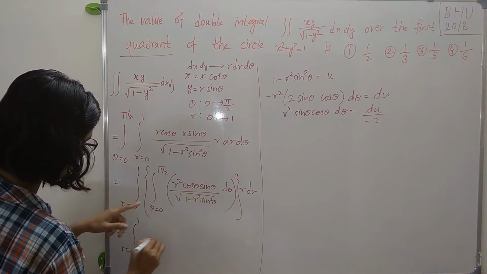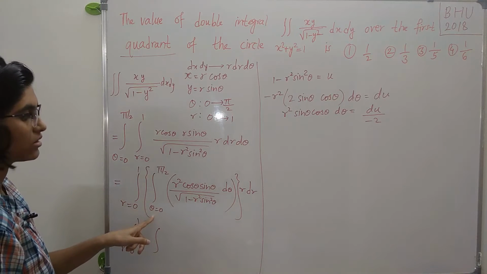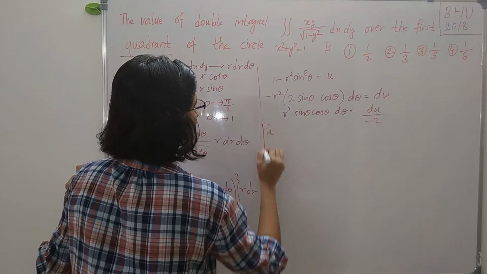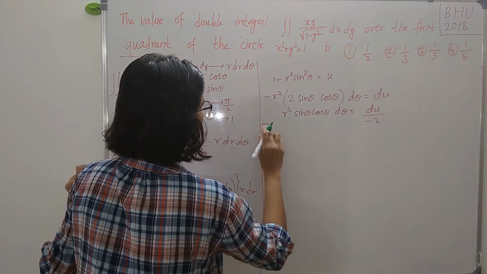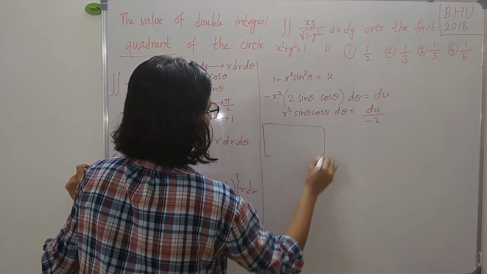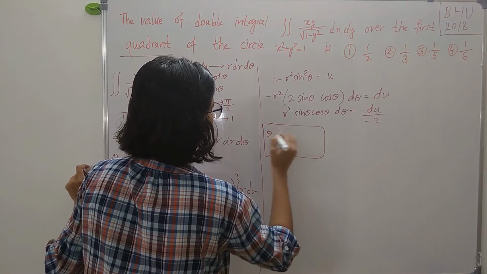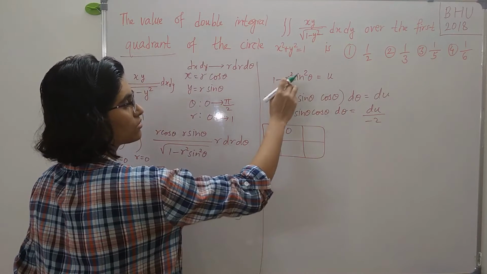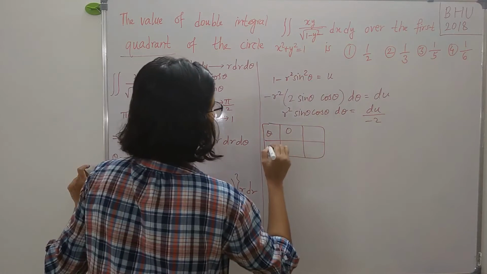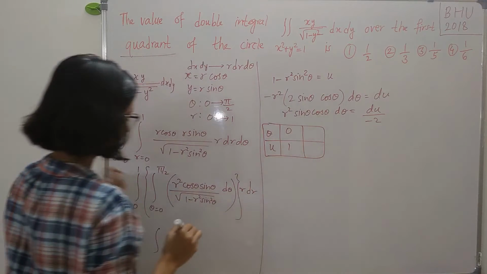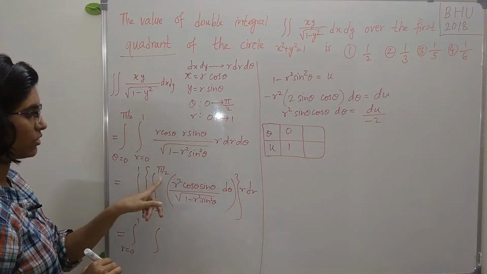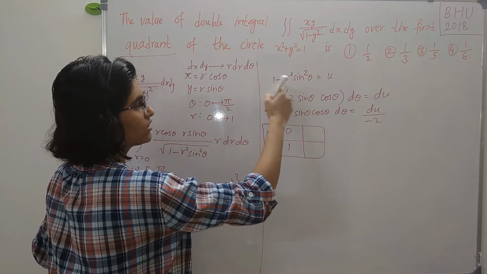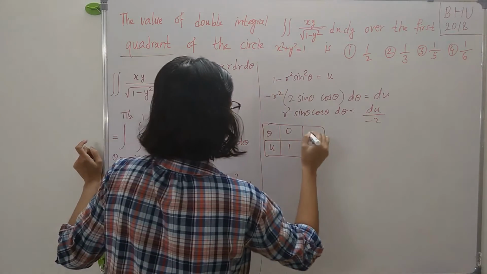Now what are the limits of this theta? When you put theta equal to 0, we get sine 0 is 0, so this is 1 minus 0, so u is 1. Then when you put theta equal to pi by 2, sine pi by 2 is 1, so 1 minus r square.